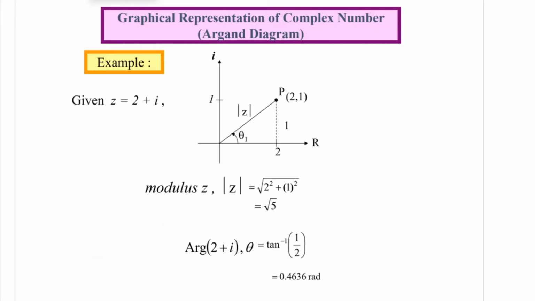Example, we want to find the modulus and argument for z equal to 2 + i. z equal to 2 + i, it is on the first quadrant.